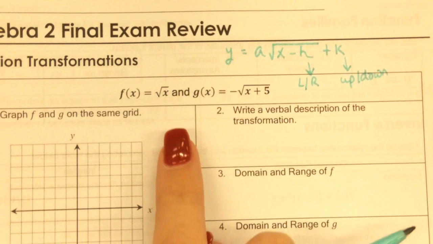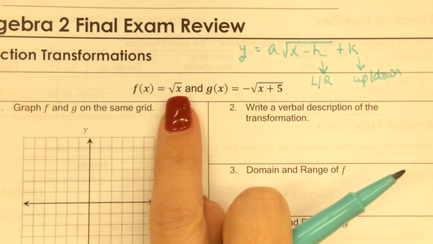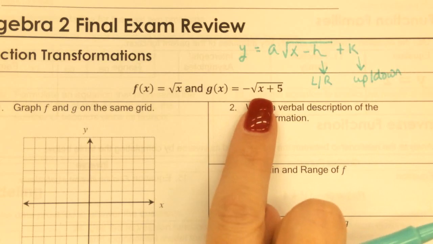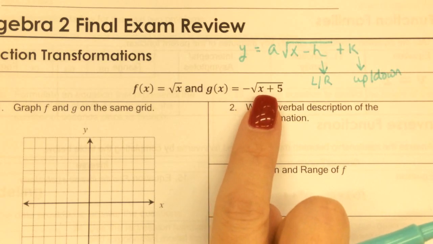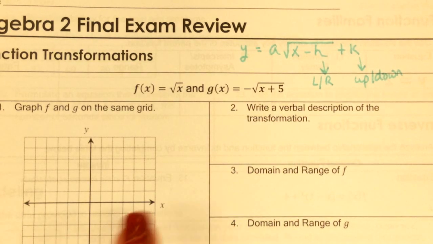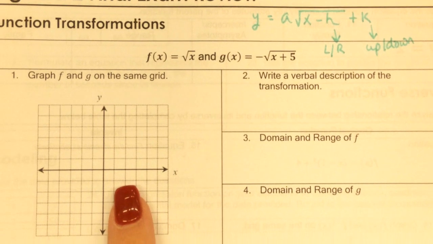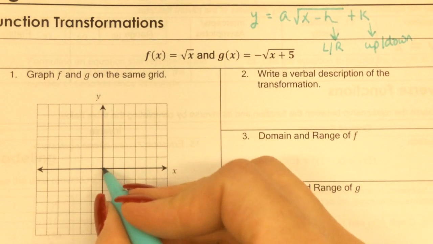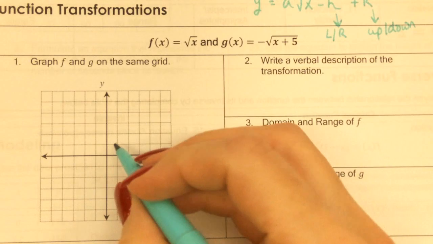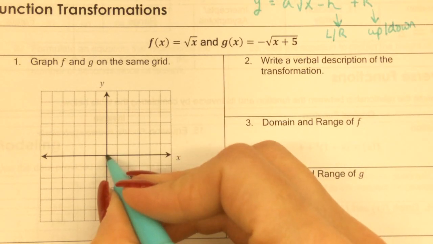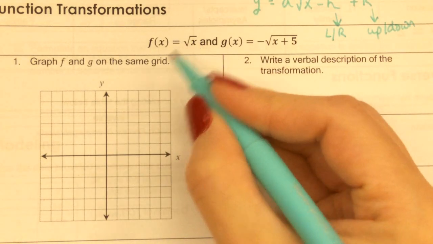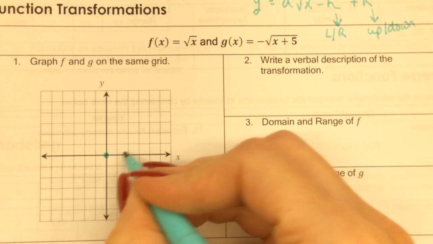So let's look at this here. It says we have f of x equals the square root of x, and g of x equals negative square root of x plus 5. We're going to graph both of those on the same grid. I'm just going to create some ordered pairs in my head here. If I put 0 in for x, the square root of 0 is 0.